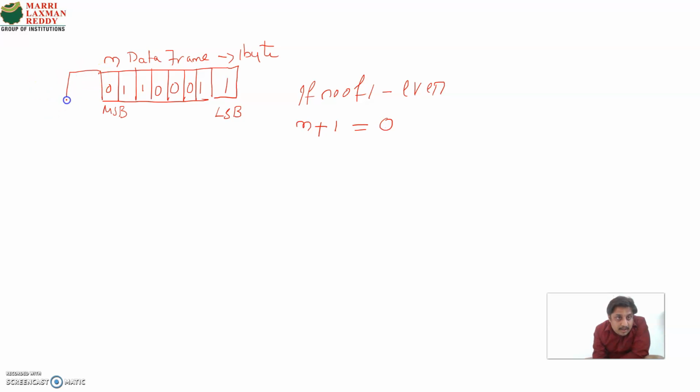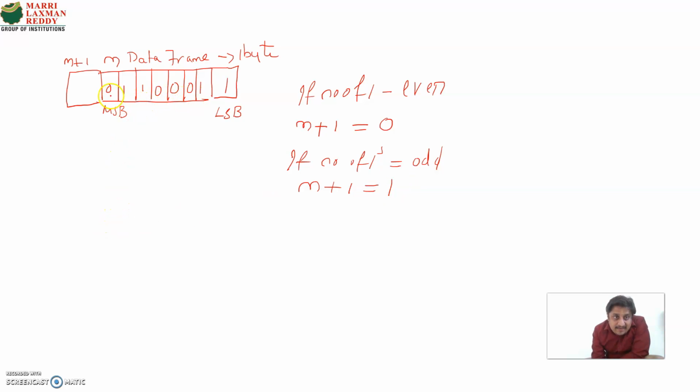If the count of the number of ones in a given data frame is even, then the M plus 1 position will be made 0. If the count of the number of ones is odd, then M plus 1 will be made 1.